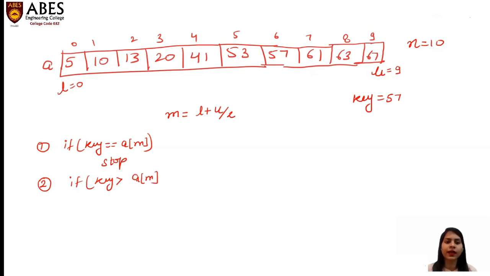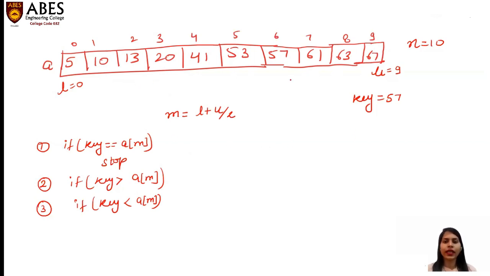If it is like that, then the element will lie in the right part of the middle element. And the third case is if the key is less than the middle element. In that case, the search will lie on the left side of the middle element.